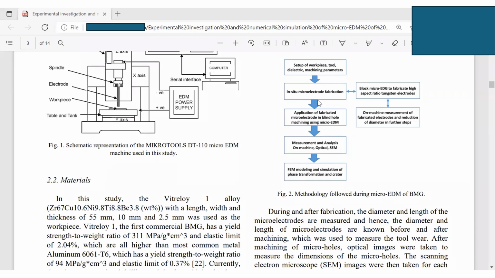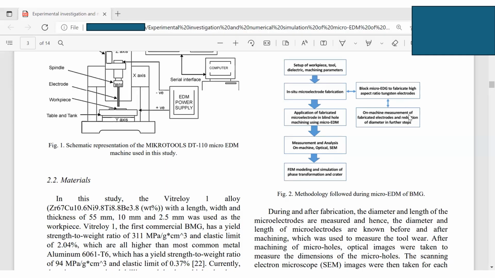In situ micro electrode fabrication: the electrode is micron-sized, so you need to build your own micro electrode. This one is built using a block micro EDG. This is what we talked about when we discussed the fundamentals of EDM for fabricating high aspect ratio tungsten electrodes.